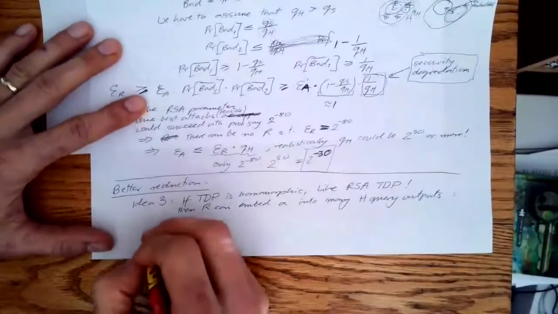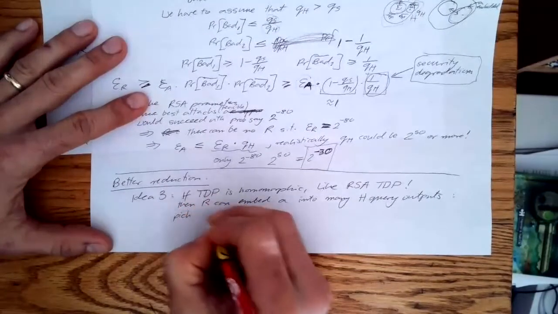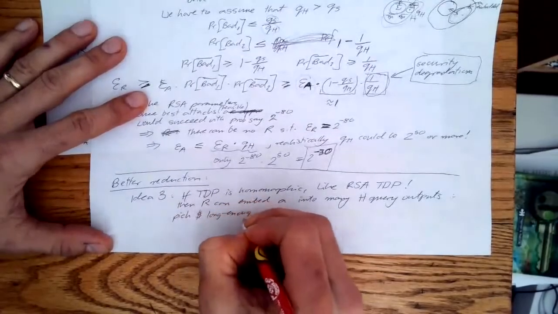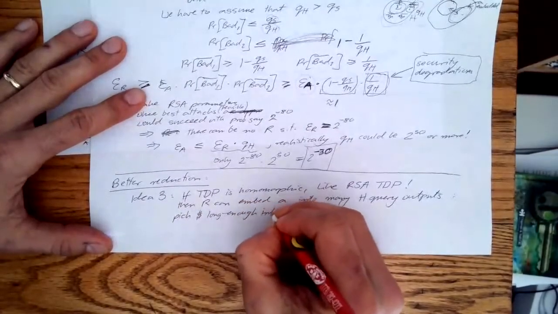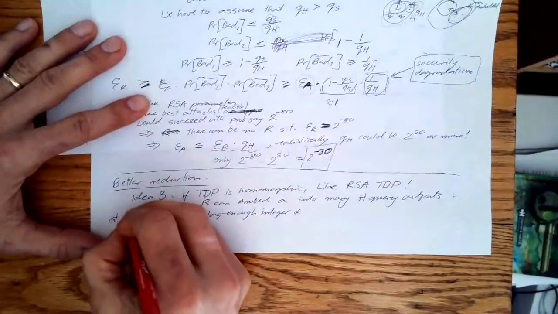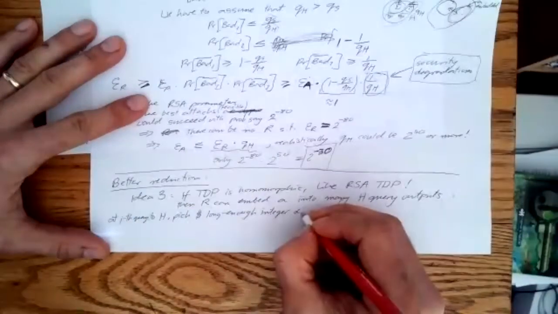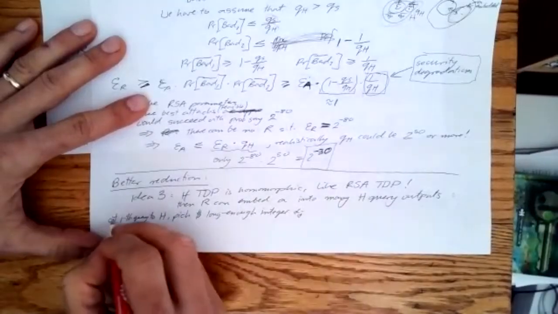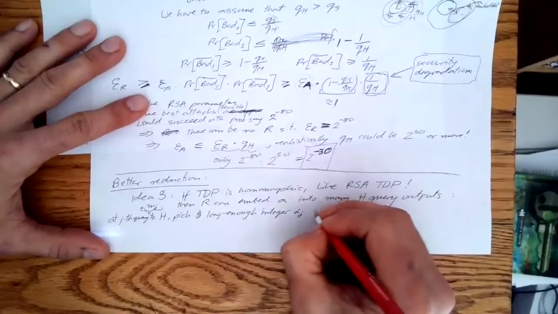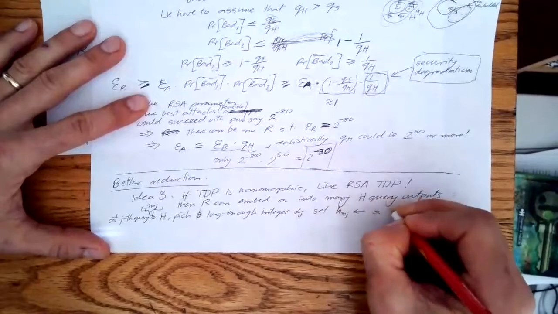How? At the j-th query to H, call this query M_j, pick a random long enough integer alpha_j, and set H of M_j as A times alpha_j to the e.